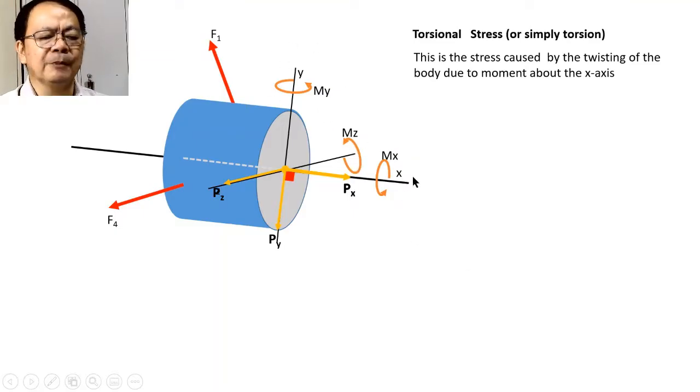Yung moment na na-produce along this direction or along the longitudinal axis will be causing a twisting effect on the object na pipilipit ngayon, di ba? And the stress that will be caused by this moment shall be called the torsional stress, or simply called torsion. Itong part na ito will be discussed later in the topic.